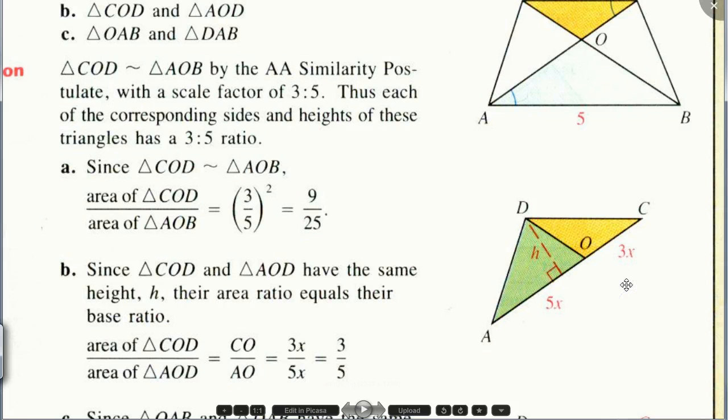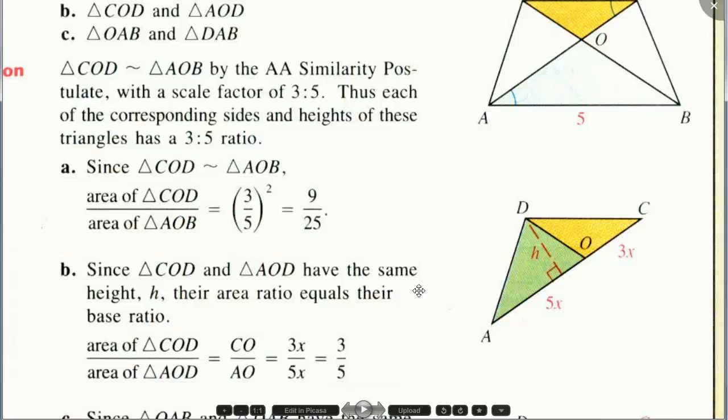And if you wanted to, you could actually compute the areas, right? Which will be what? Half of 5xh, and then you get half of 3xh, right? And then you could cancel things out. But didn't we already figure that out? It's simply that the ratio of the areas of the two triangles with the same height will be the ratio of their bases. Right? Does that make sense? Any question there?